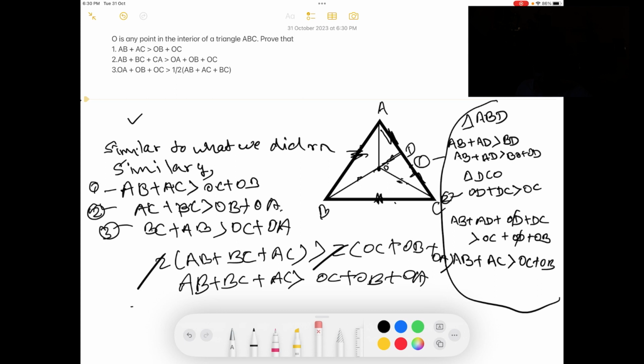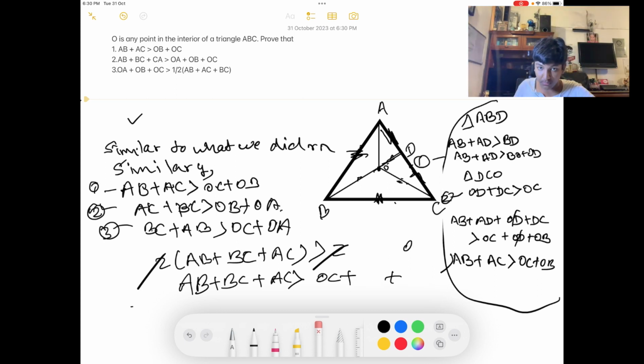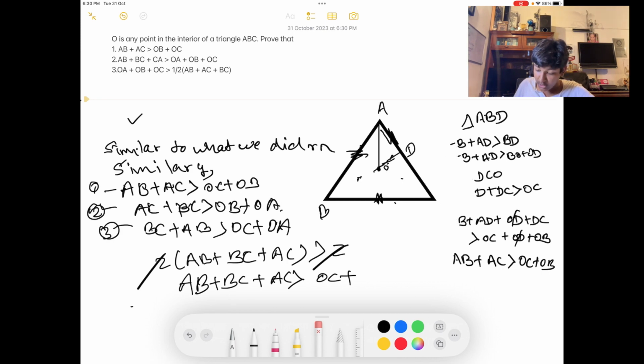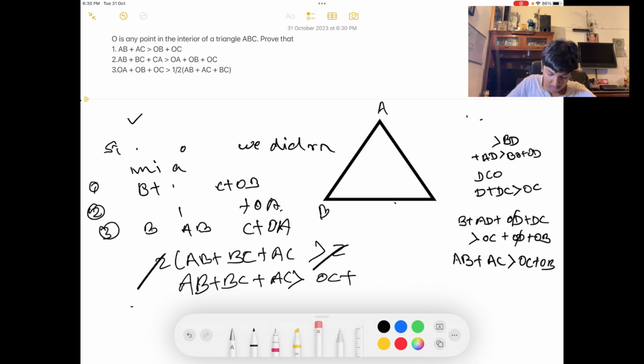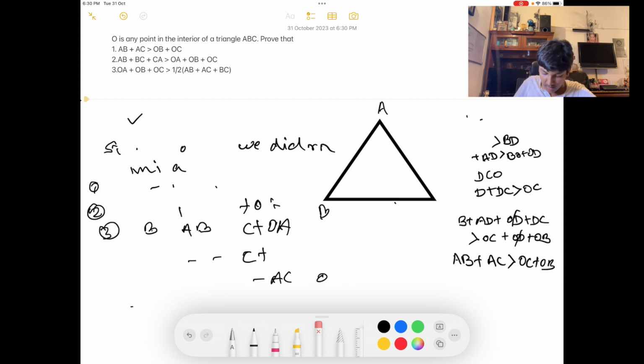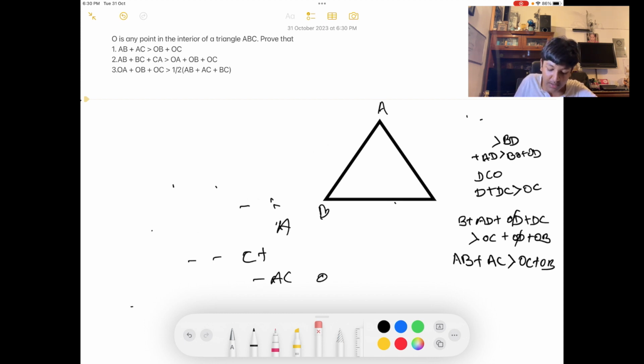And proving the third part is very easy. Alright, so the third part is saying that OA plus OB plus OC is greater than half of AB plus AC plus BC.